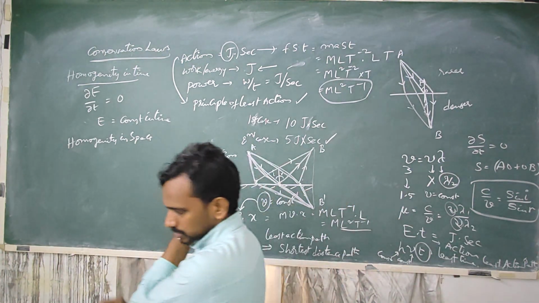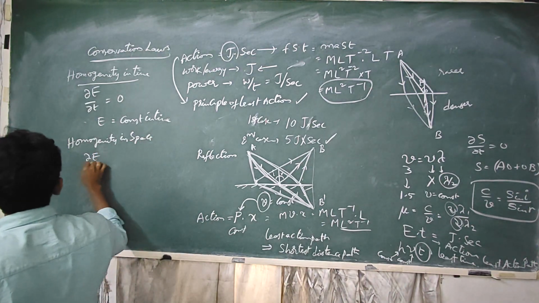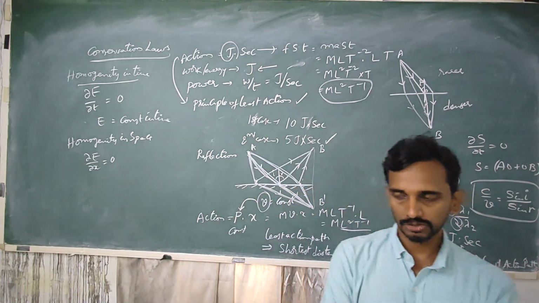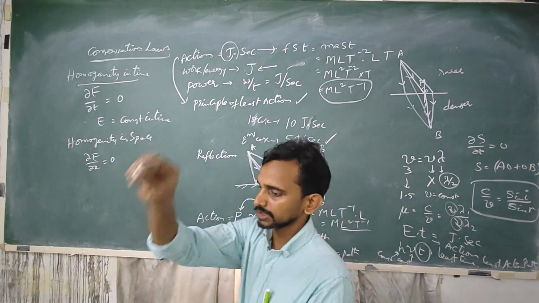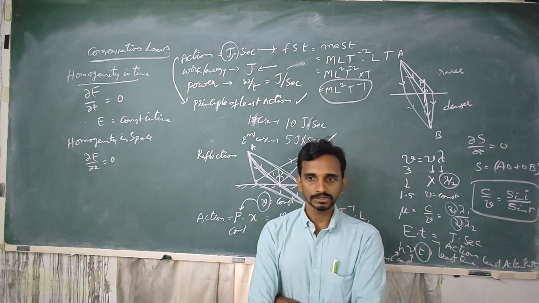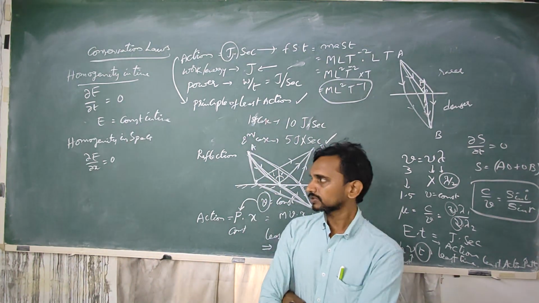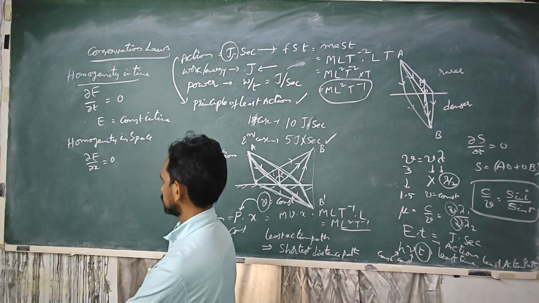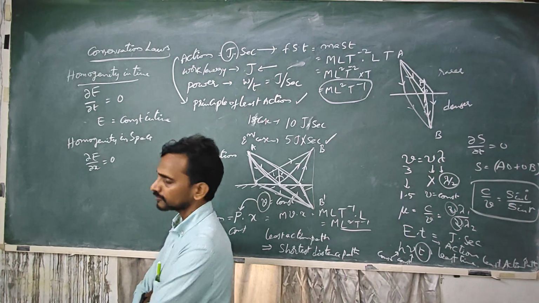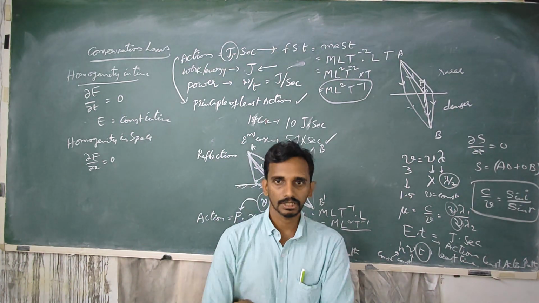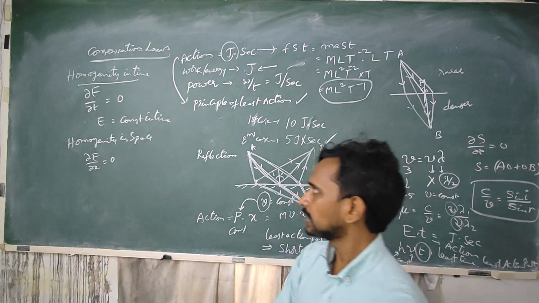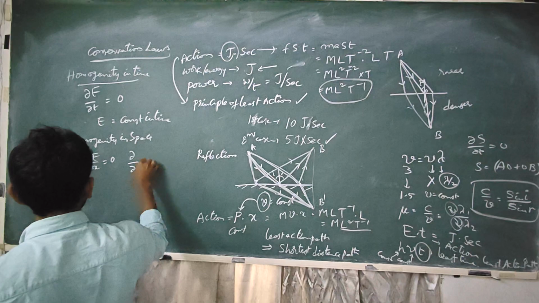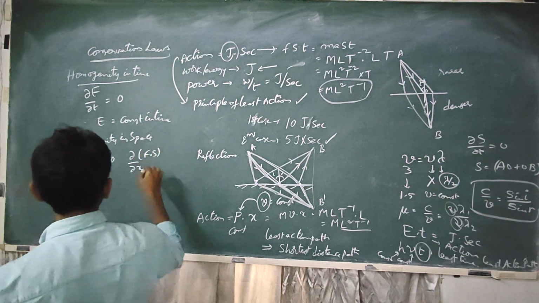Homogeneity in space: here dou E by dou x is 0 as a function of position. So at various locations in space, energy is constant. So we have to write energy in a form that includes the term of position, so that we can take a derivative on that. So what happens? I can write it with a positive displacement here.